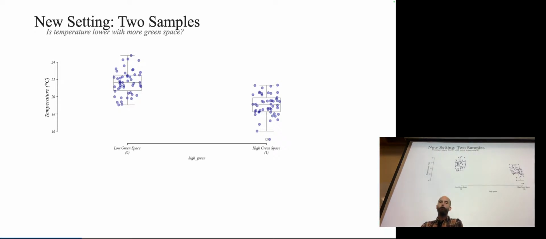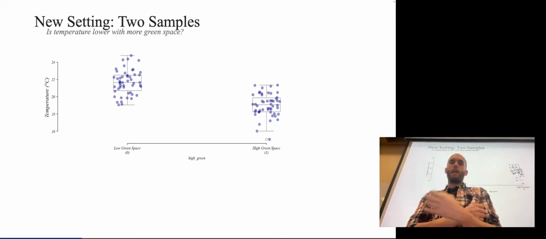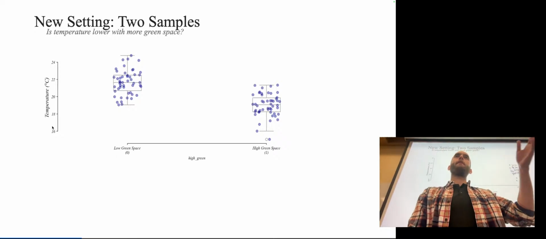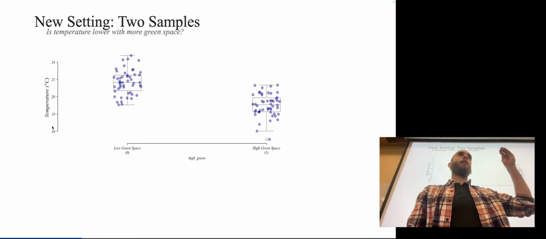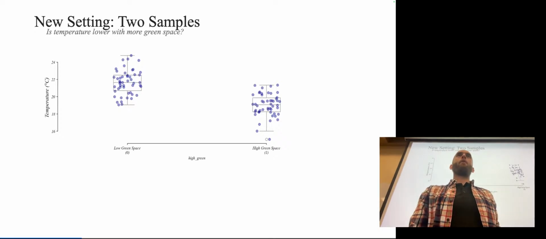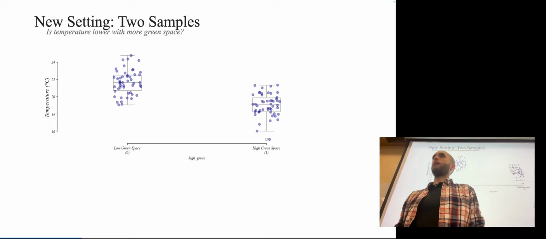I have two samples, or like one sample with two different categories. On the vertical axis, I have temperature, which is a continuous numerical variable. Remember from part 1, we talked about different types of variables.